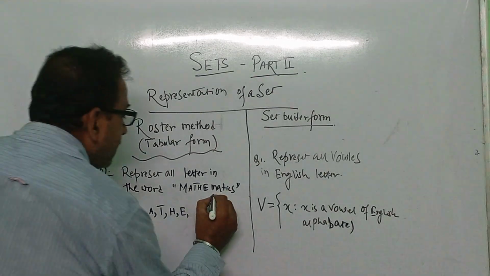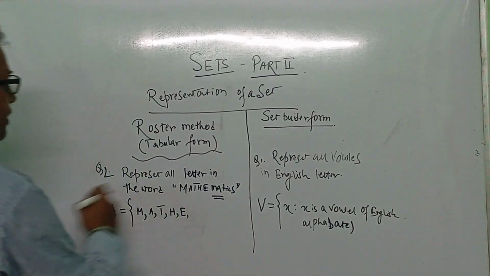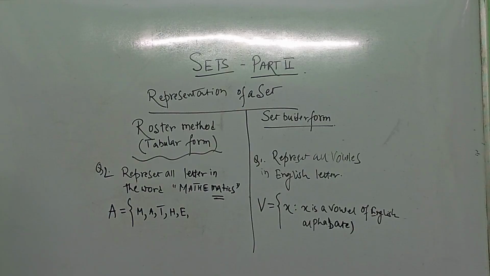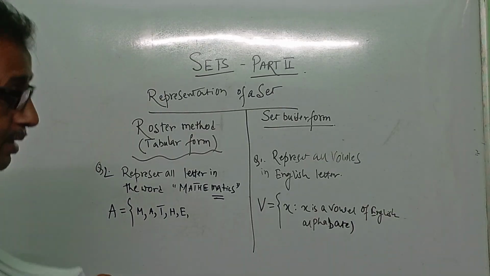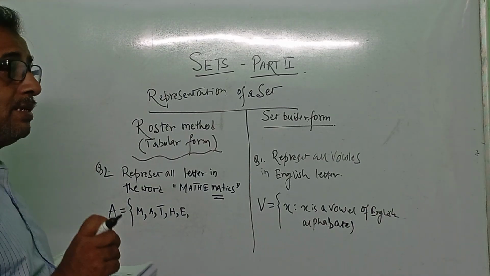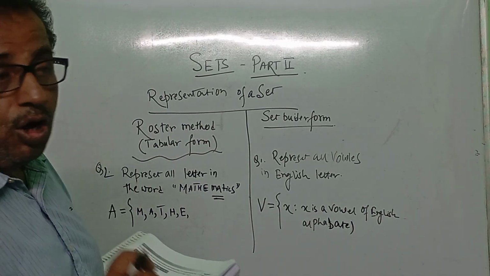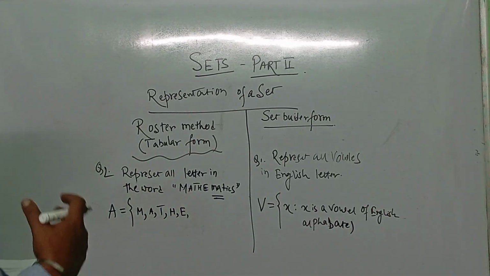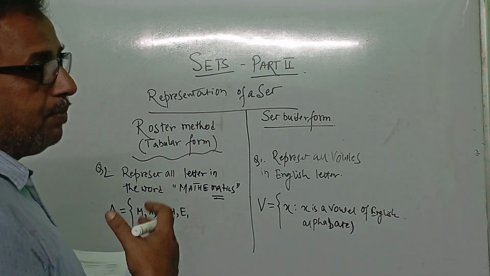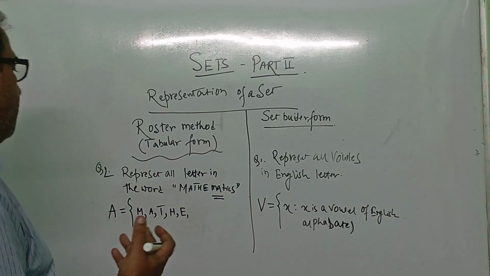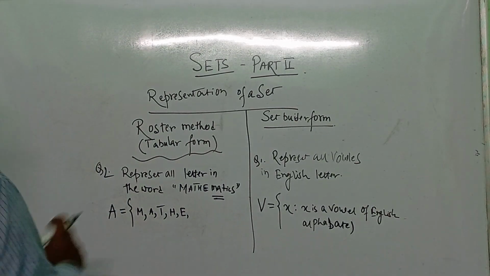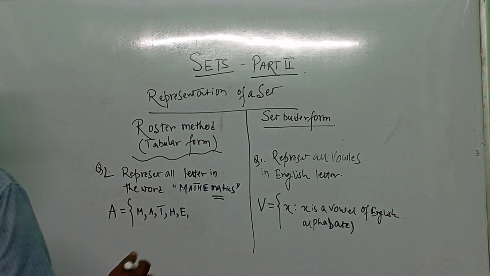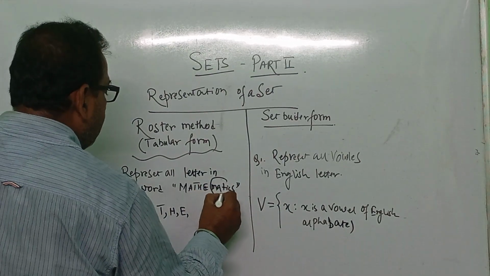Now see that this MA and this MA are the same. So do we take that MA again? No. Set means, roster form means represent all the elements. An element in the set may appear 2 times, 3 times, 4 times, but we only take that element once. So the last MAT we are not taking.